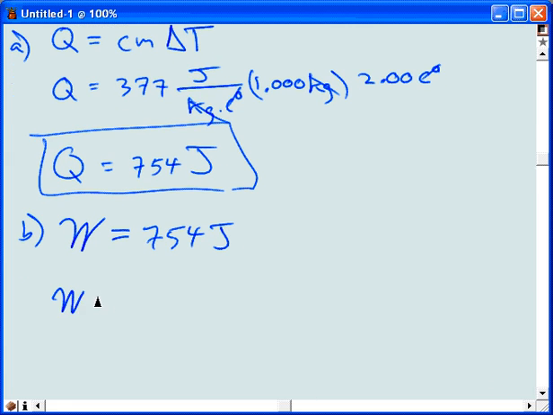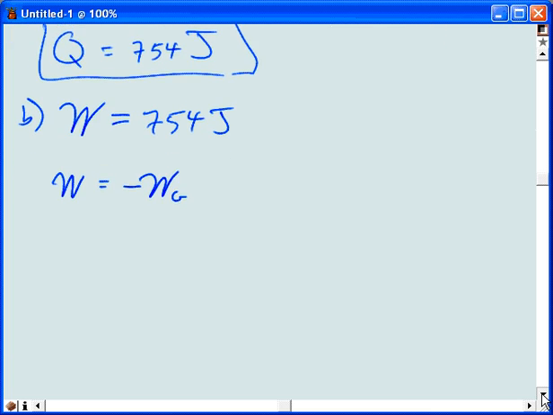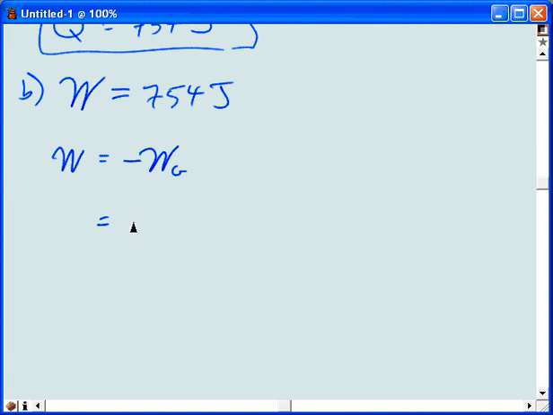And the work I would have to do would be equal to the negative of the work done by gravity in lifting that thing up, which is the negative of the change in potential energy, the gravitational potential energy.